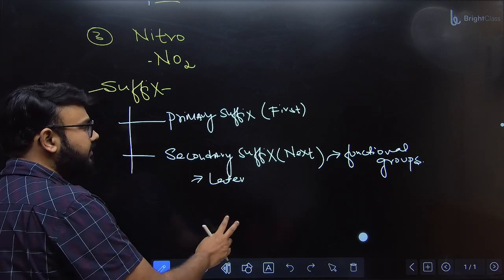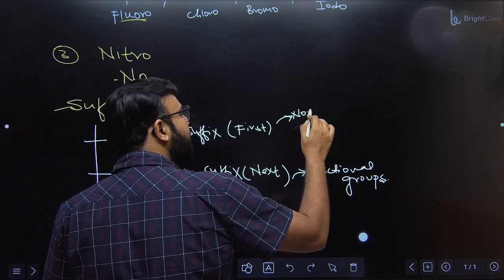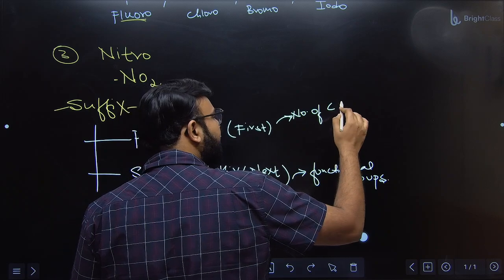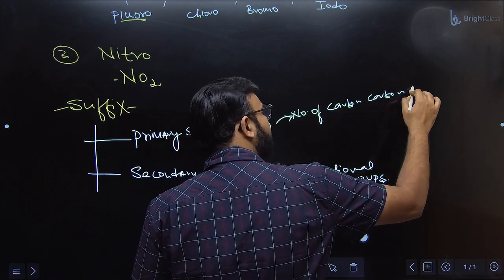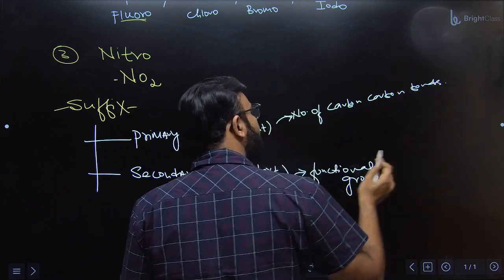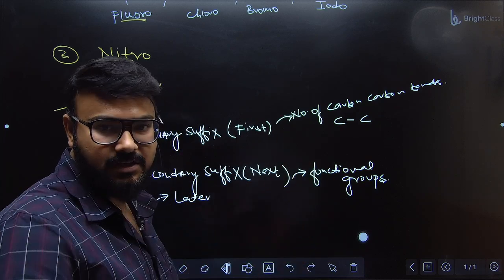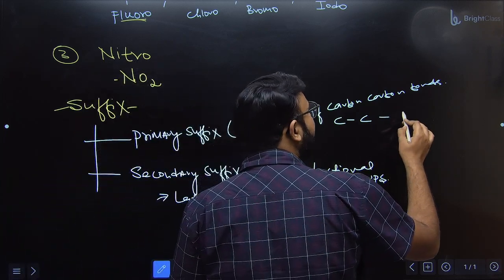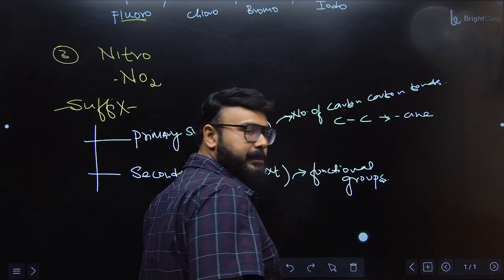Primary suffix represents the number of carbon-carbon bonds. So remember, if there is only carbon-carbon single bonds in the entire structure, you will use the suffix ane, A-N-E. Is it clear?